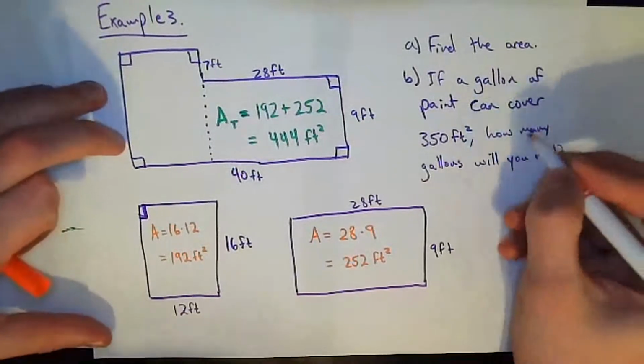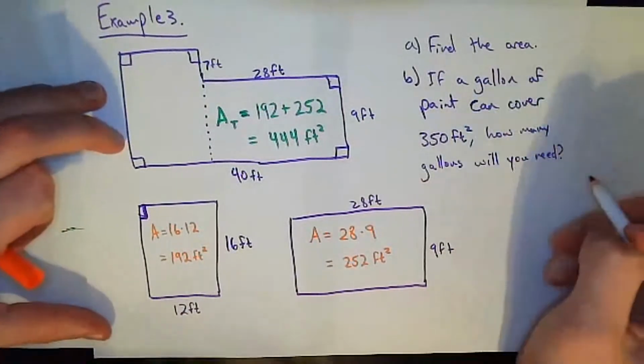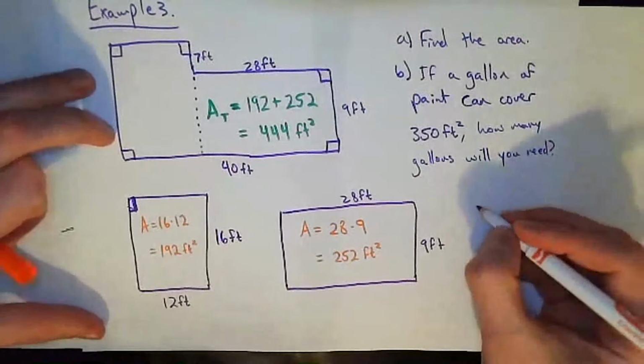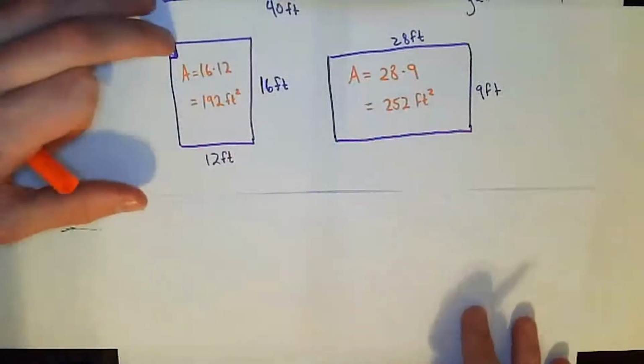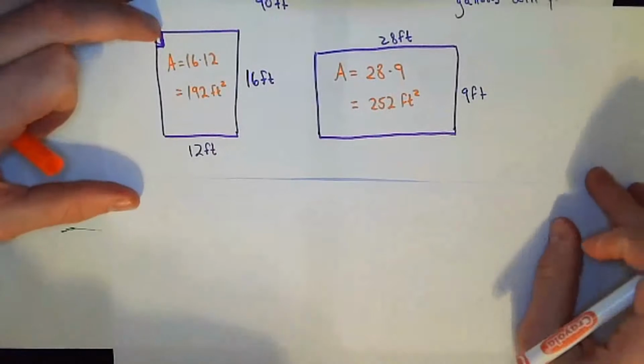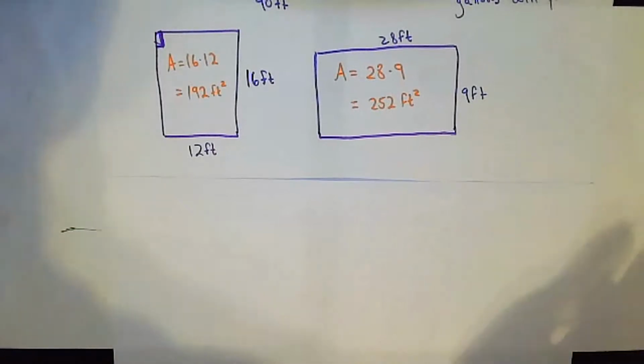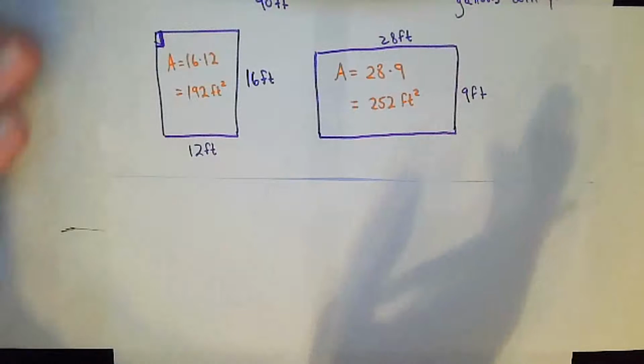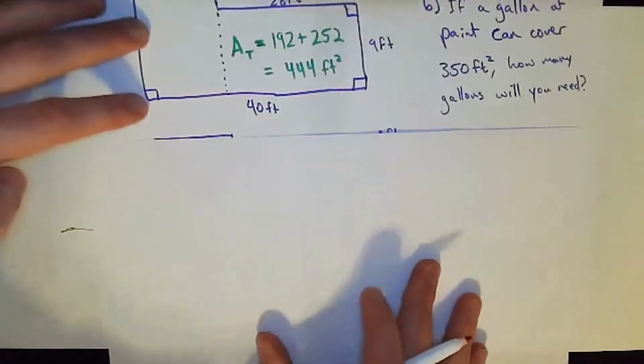So if 1 gallon can cover 350 feet squared, how many gallons will you need? Well, it's going to be more than one, right? Now, you would probably just buy 2, but let's see exactly how much you would need. Let me cover this up.